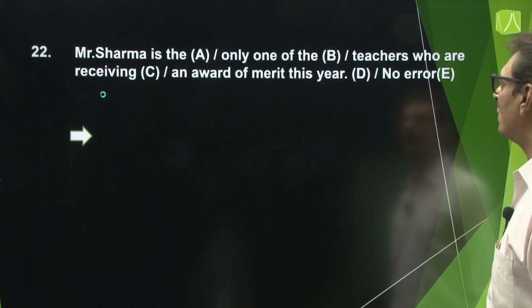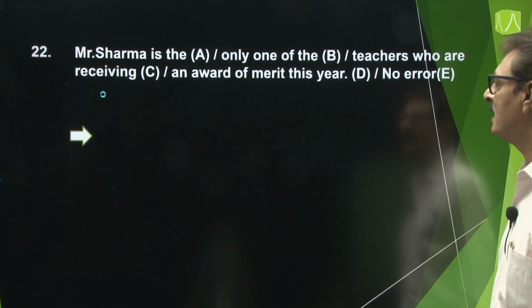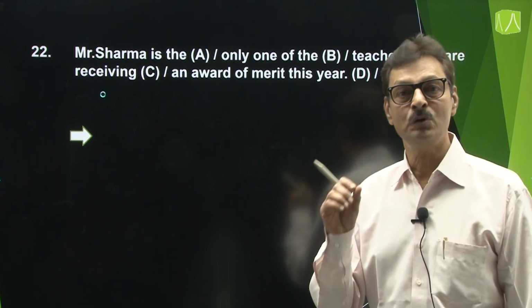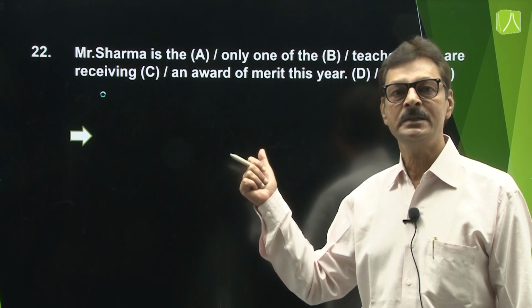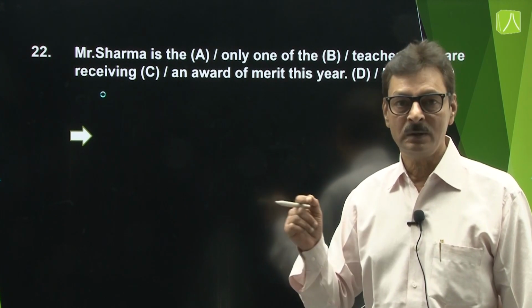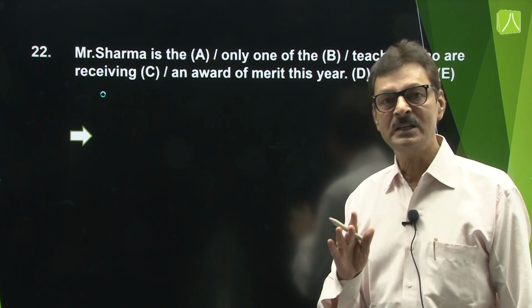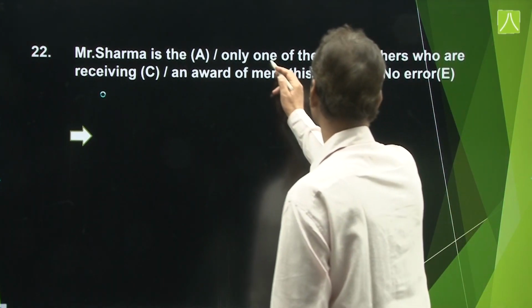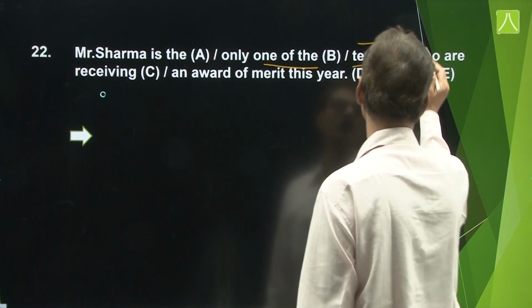Mr. Sharma is the only one of the teachers who are receiving an award of merit this year. Again, a one of example has come, very important. Hence, I am highlighting and focusing on these types of examples. You can expect questions on this basis. So always remember, with one of it should always be plurals. Here there is no problem.